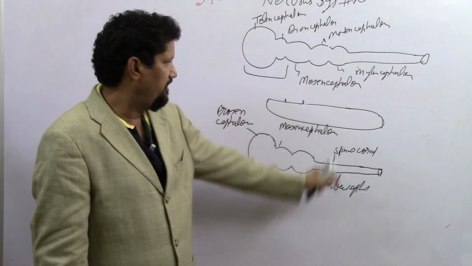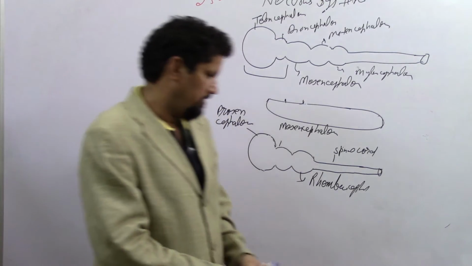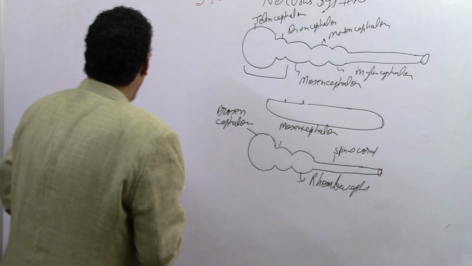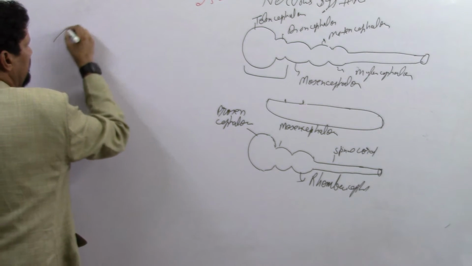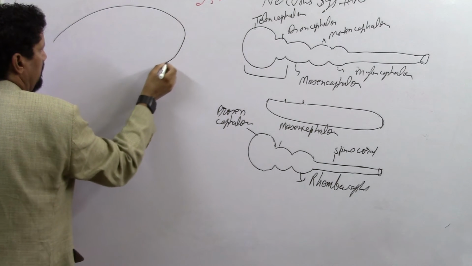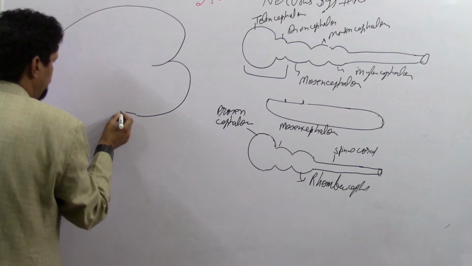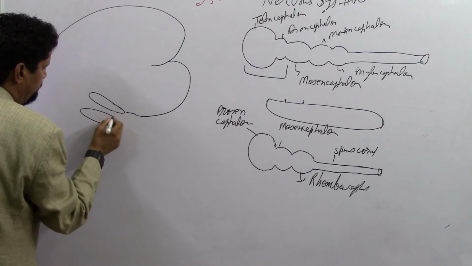And here is the beautiful long cylindrical spinal cord. So when the brain is fully developed, or the CNS is fully developed, it has a structure like this.